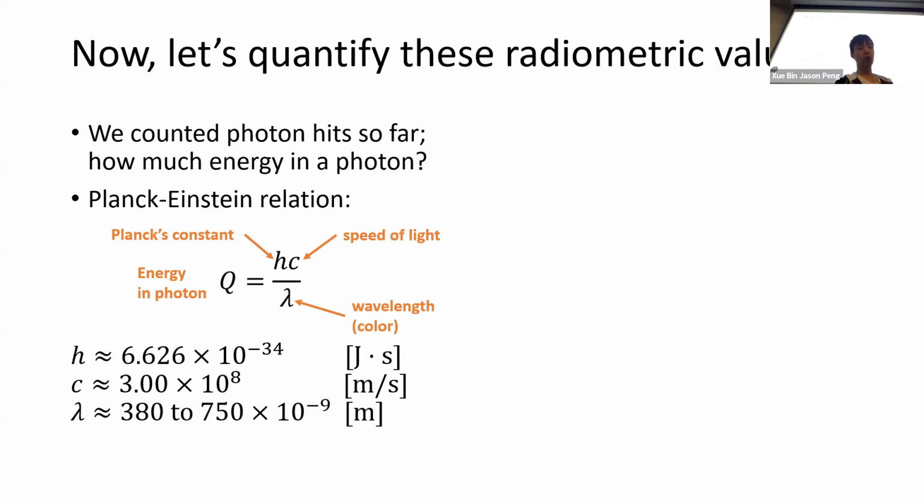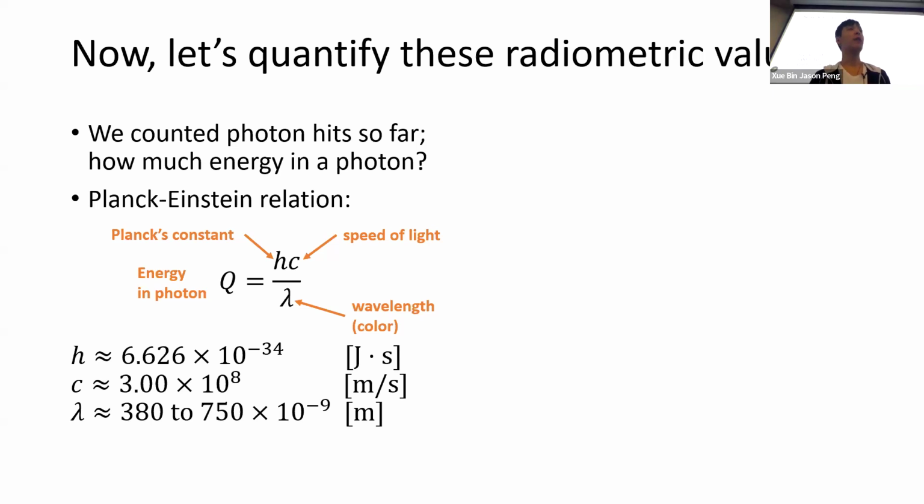So we can have short wavelengths, and visible light roughly falls within this range for the wavelength. Depending on the wavelength of light, we might get a different amount of energy stored within each photon. Now, if you multiply out all these units, what you're going to get at the end is a unit of joules, which makes sense for the amount of energy in a particular photon.